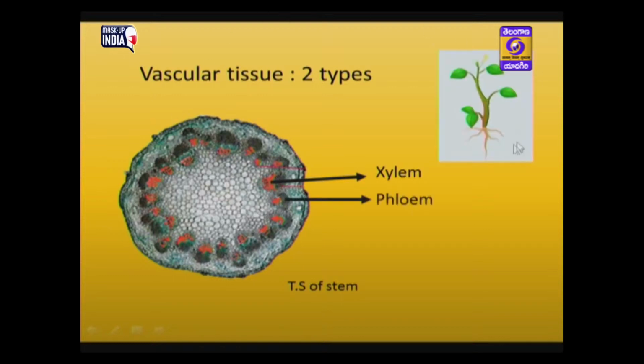Xylem tissue helps in the transport of water from roots to the other parts of the plant, and phloem helps in the transport of food materials from leaf to other parts of the plant. So, mainly this vascular tissue helps in the transport of water, salts and food materials.